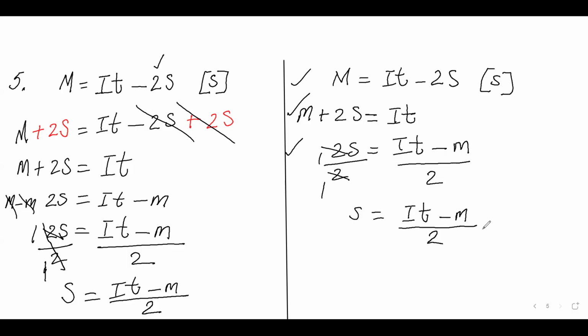People are not putting equal sign under equal sign. No, Josiah. The 2S has to stay on the left-hand side. You cannot put back the 2S on your right. Josiah, it's M plus 2S. It's on the left. The IT is on the right. You cannot just switch it around. Maths is a sequence. You don't change the sequence for nothing.